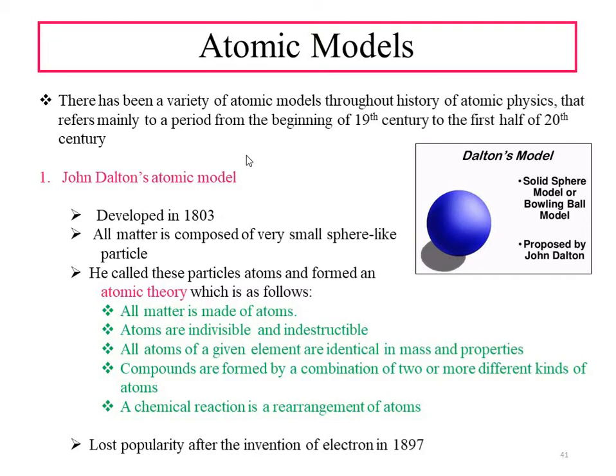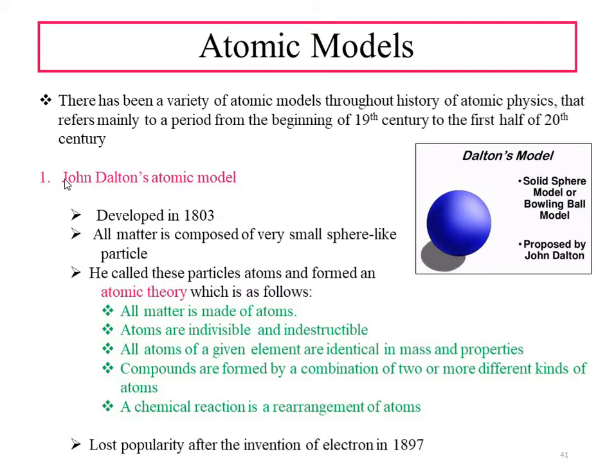During that time, the researchers were competing with each other to develop atomic models. Very many Nobel prizes were announced for these models, so the researchers were running behind the formulation of such models.